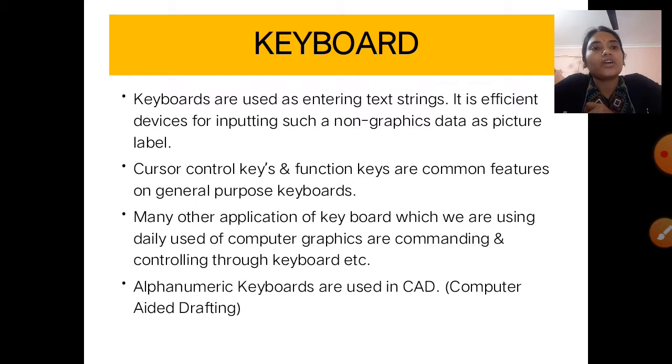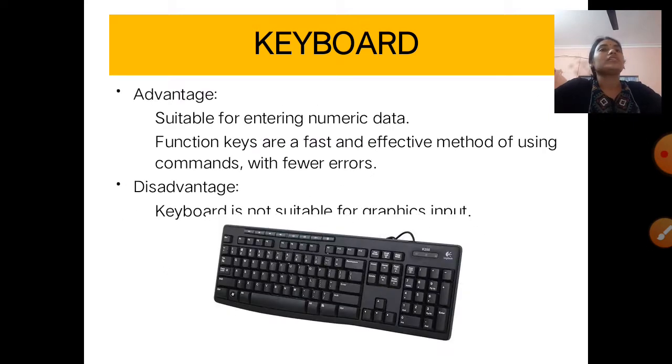Another type of keys is alphanumeric keys. Alphanumeric keyboards are used in CAD. CAD means computer aided design. What are the advantages of keyboard? The first one is that it is suitable for entering data.